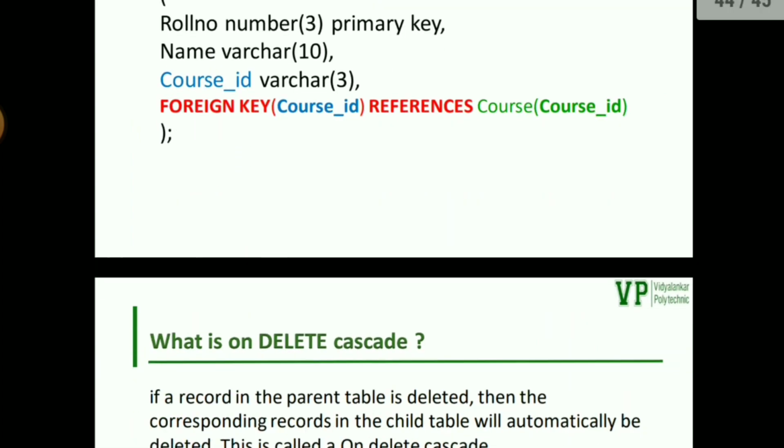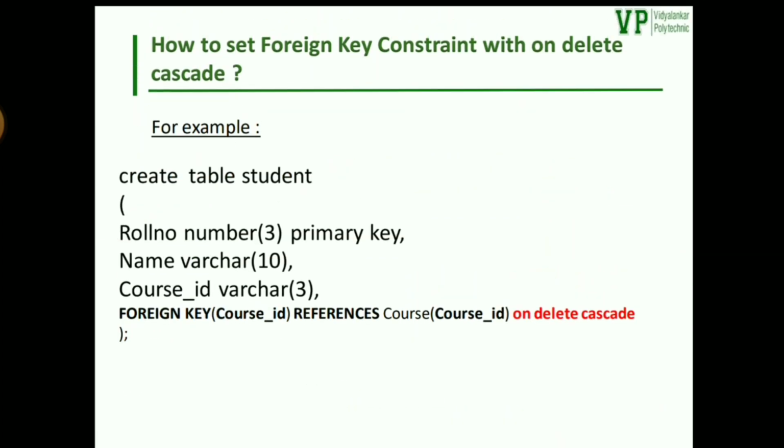Okay, so nothing else needs to change. We just have to write further the on delete cascade keyword. Just remember this: for setting on delete cascade, we have to write the on delete cascade keyword in the SQL query.